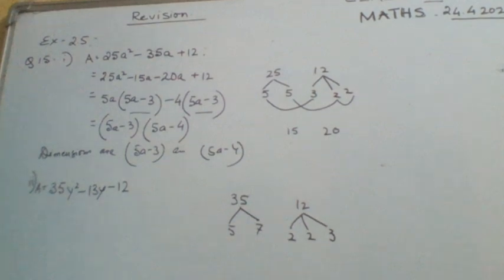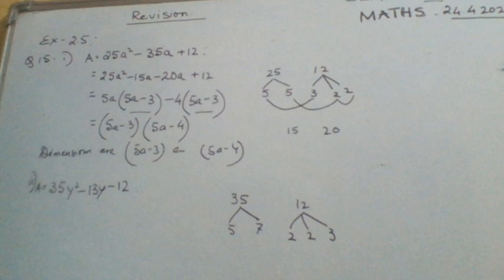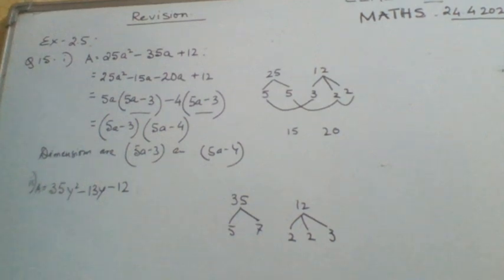Okay, somebody has written 7y minus 3 and 5y minus 4. This is Rishabh. Rishabh, you have given me the answer. 28 minus 15 is also written. Fine.